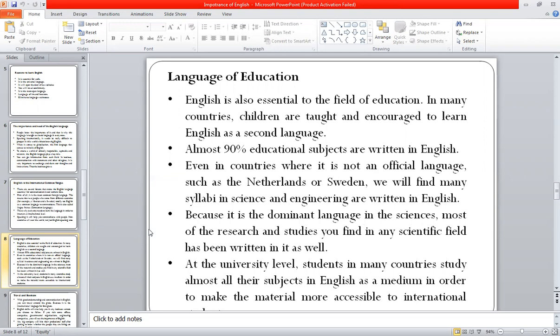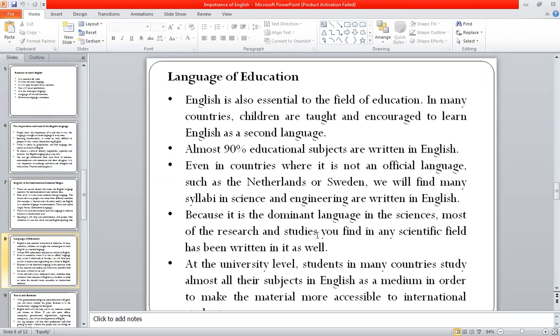Then the fourth point that we have discussed was, because it is the dominant language in sciences, most of the research and studies you find in any scientific field has been written in it as well.